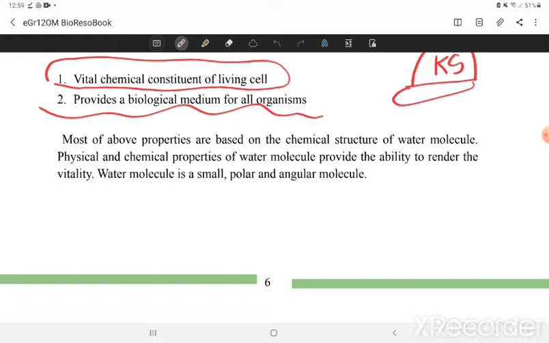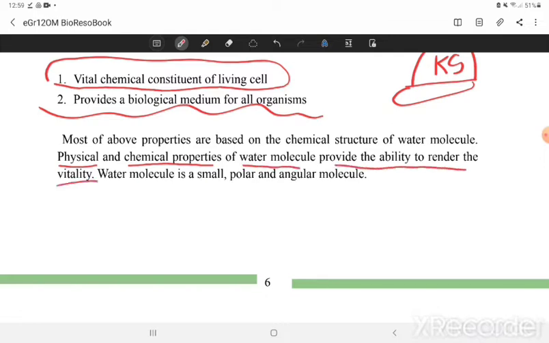Now, most of the above properties are based on the chemical structure of the water molecule. The physical and chemical properties of the water molecule provide the ability to render this vitality.